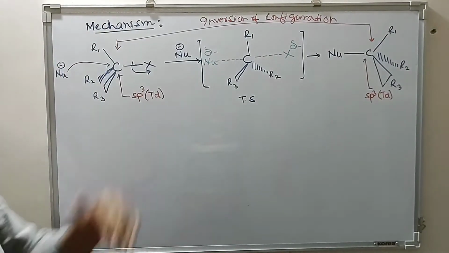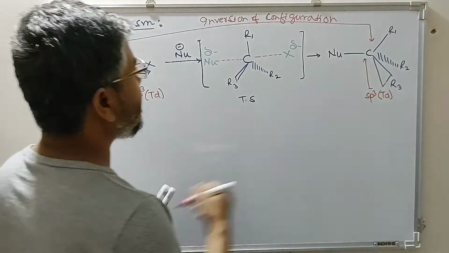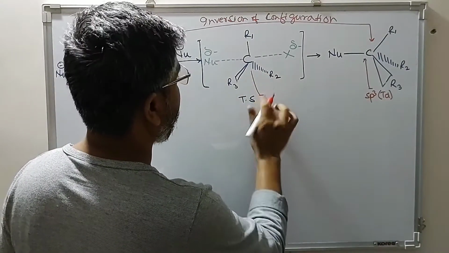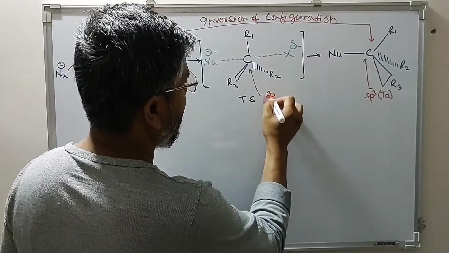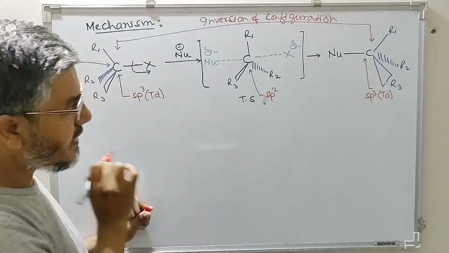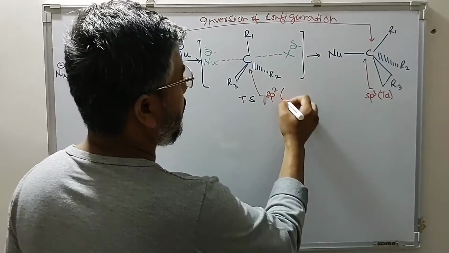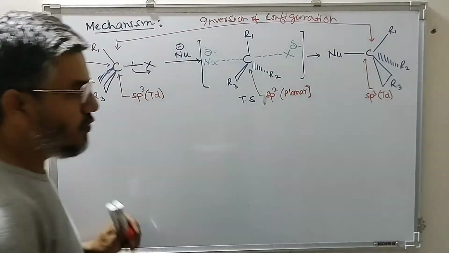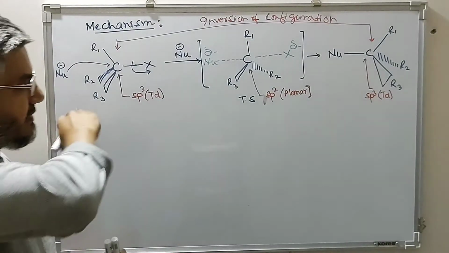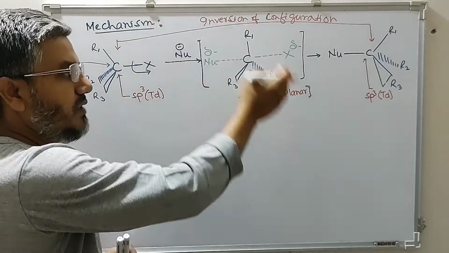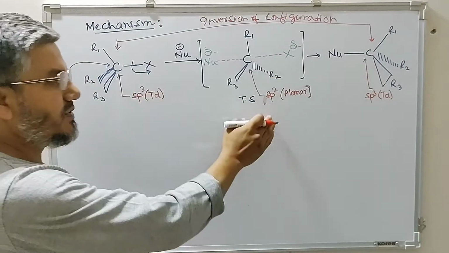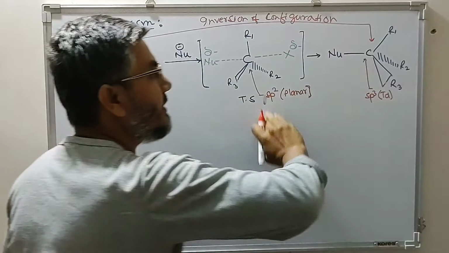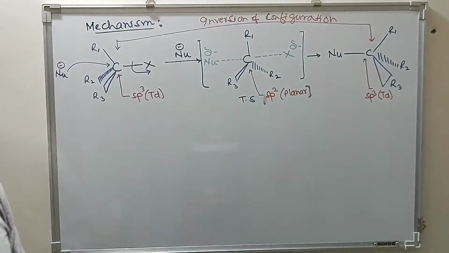Now in this transition state, this carbon is sp2. So when the carbon is sp2, this is always planar, so we have a planar. So during the course of reaction, a tetrahedral carbon is converted into planar form, this sp3 to sp2, and then finally this sp2 is converted into sp3, that is from planar to again tetrahedral.